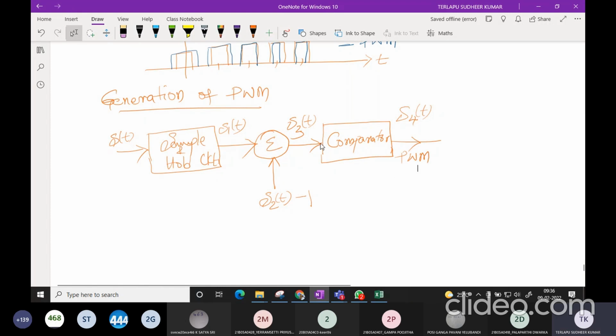A little extension to this pulse width modulated signal block diagram: if I add one more block called, say, monostable multivibrator, I'll tell what a monostable multivibrator is.